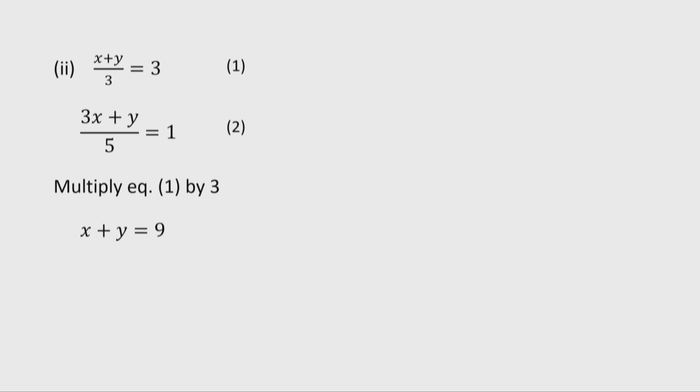So I will get x plus y equal to 9. And I will multiply equation 2 by 5 to get 3x plus y equal to 5. And these two new equations will be labeled as 3 and 4 respectively. So we will now work with equation 3 and equation 4.